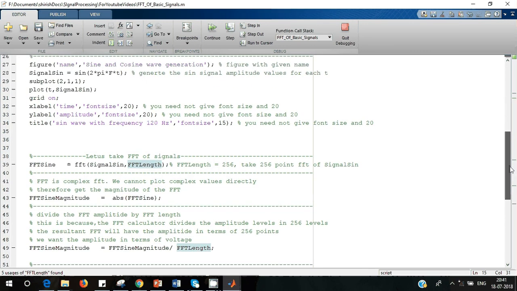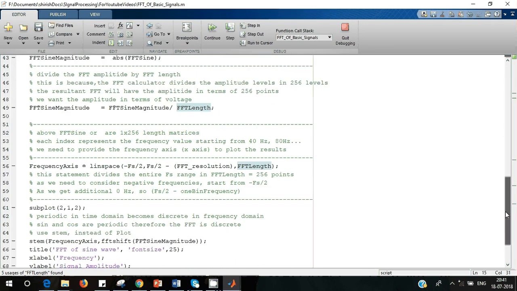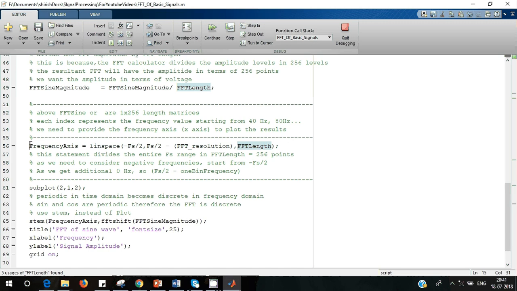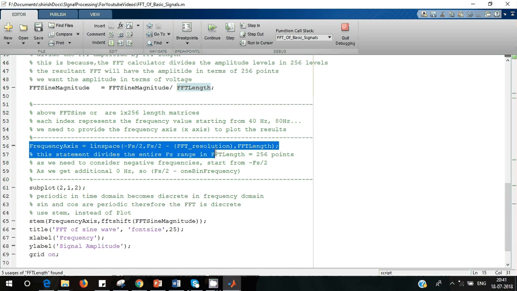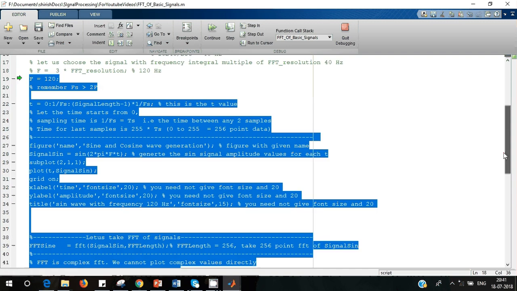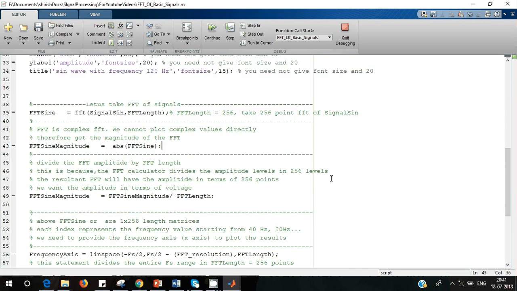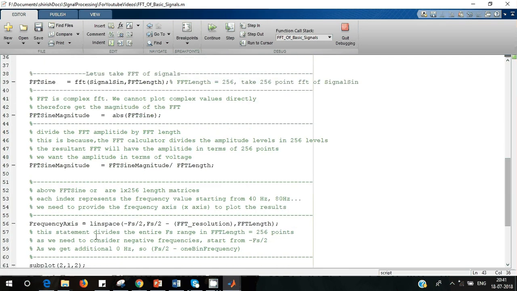so now let us see how to provide the x-axis values, or frequency axis values. Okay, so this is linspace. Linspace is an inbuilt function of MATLAB that divides the axis into an equal number of parts. So we have Fs as the sampling frequency.